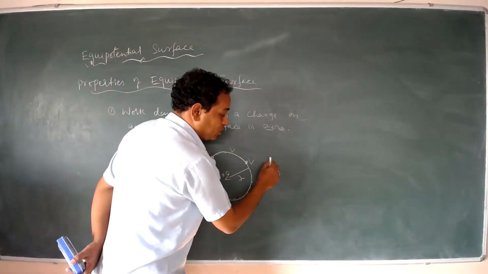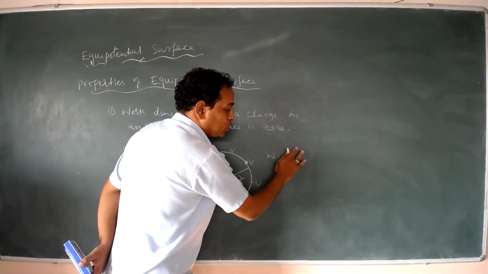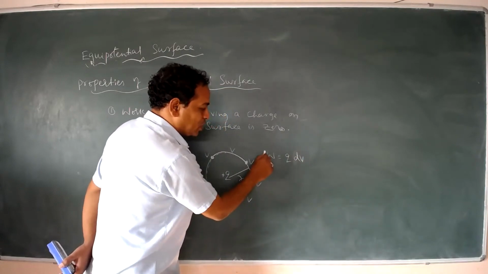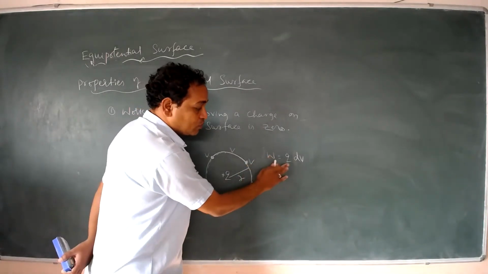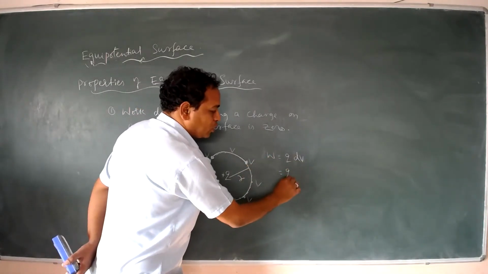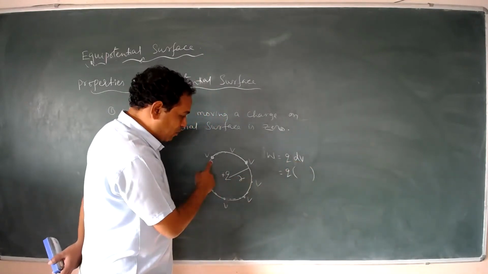Therefore, according to the definition, work is equal to charge into potential difference: dW equals Q into dV, where dV means the change in potential, final minus initial.